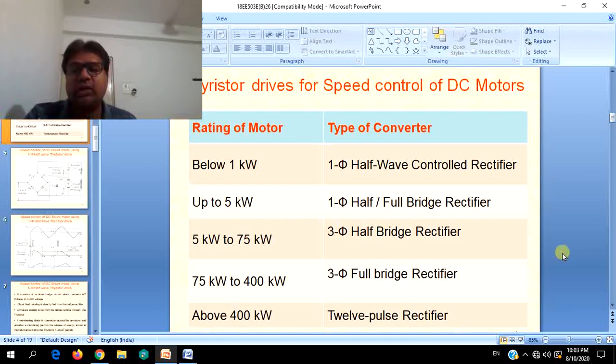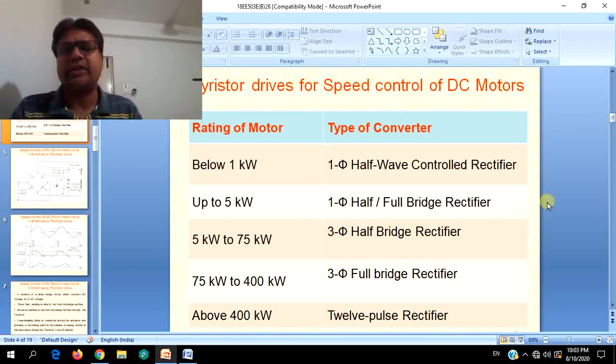But again, before going to see the actual speed control aspects, just try to recall that whatever rectifiers we have listed here now are nothing but the rectifiers we have discussed in our previous sessions way back during unit 2, where we have elaborately discussed the converters or rectifiers.